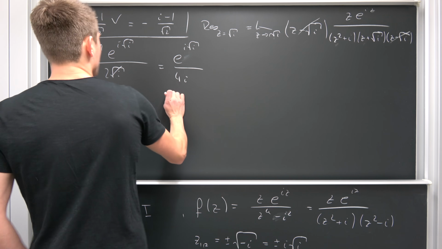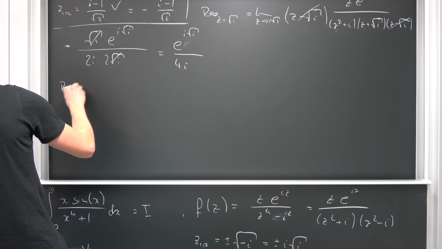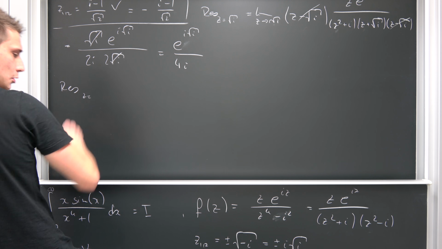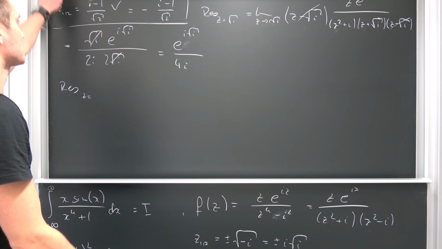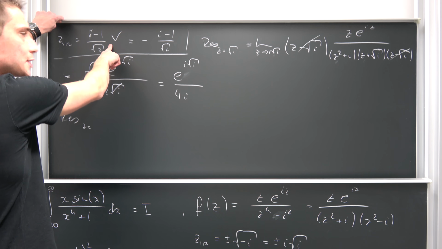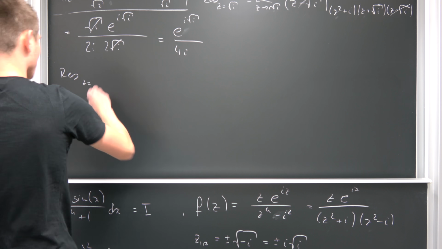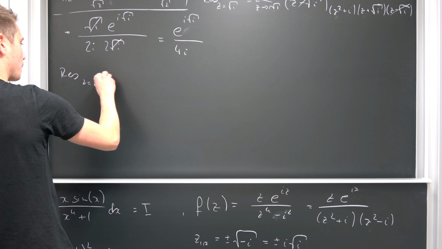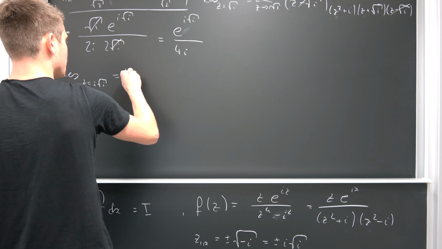Okay, now we have this other residue. The residue at the point z being equal to, what was this exactly? Yeah, this is positive i times square root of i. It's now nothing but the same limit basically.